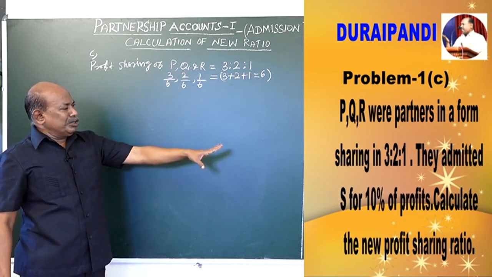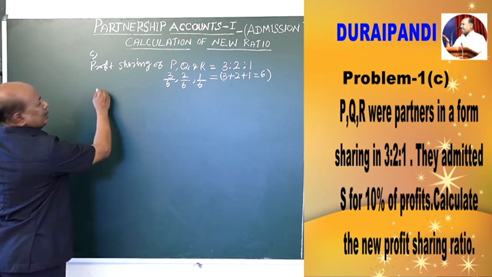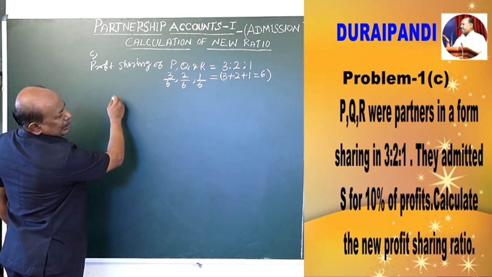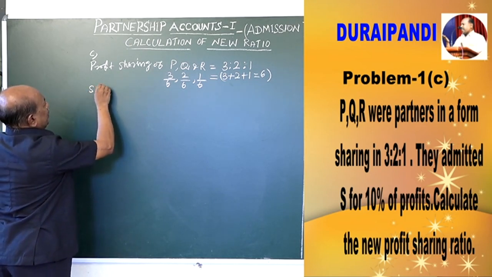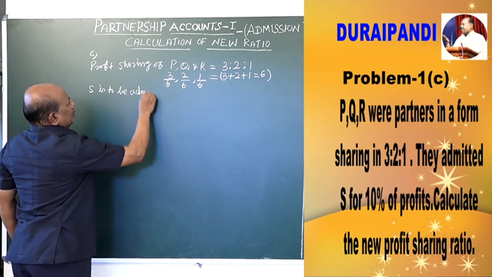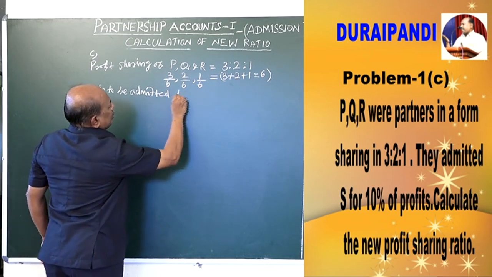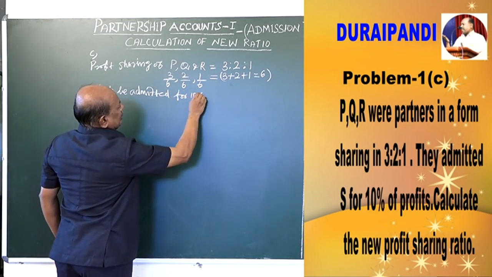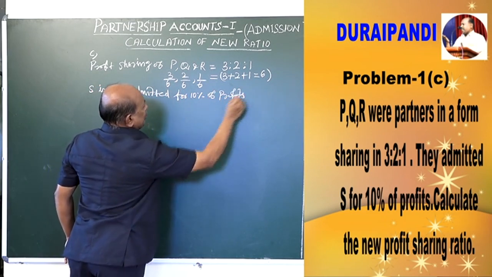Now S is to be admitted for 10% of profit of the firm. S is to be admitted for 10% of profits.